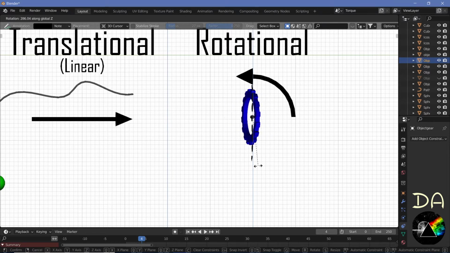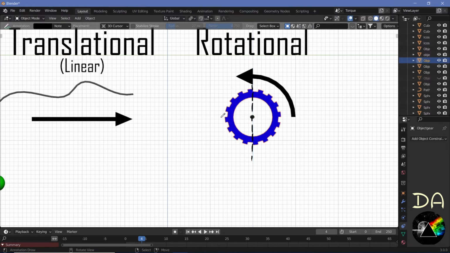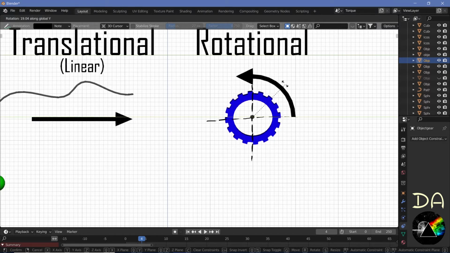This exact same object could in fact be constrained along this horizontal axis, and in that case it would rotate like this. All of these motions are called rotational motions because the center of mass does not move along a line. The center of mass remains in its own position.